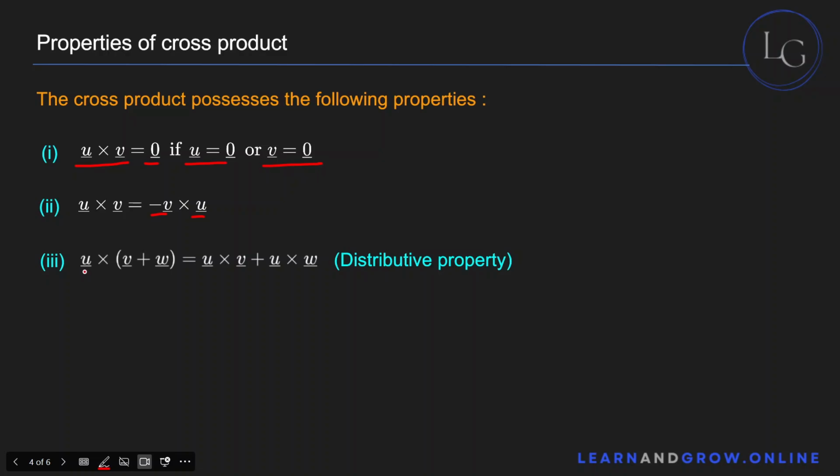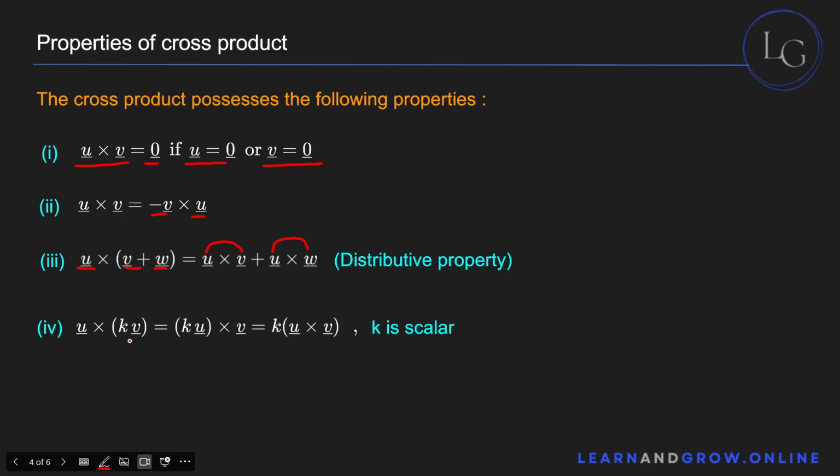And the third property is the distributive property, which says that u cross the sum of v and w is equal to the cross product of u and v added to the cross product of u and w, right?